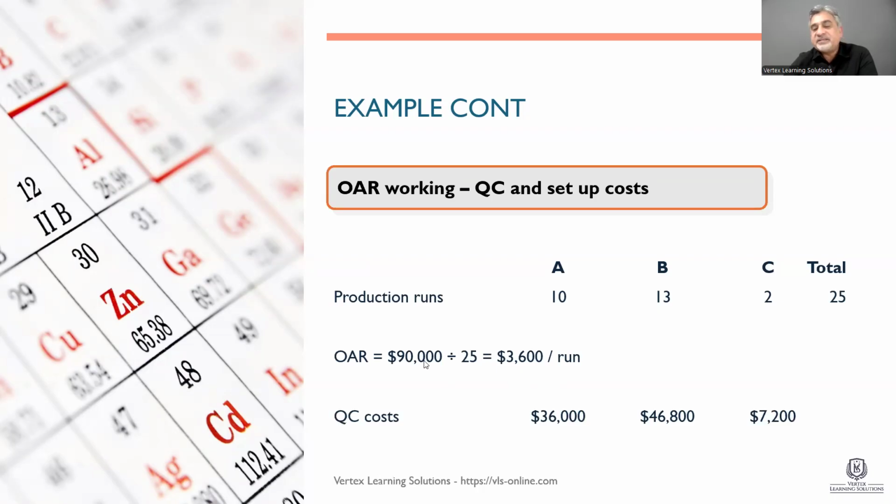You can divide this 90,000 in this proportion: 36,000, 10 into 3,600; 13 into 3,600, 46,800; 2 into 3,600, 7,200. So this 90,000 is also divided among the three different products based on their consumption or usage of this activity.